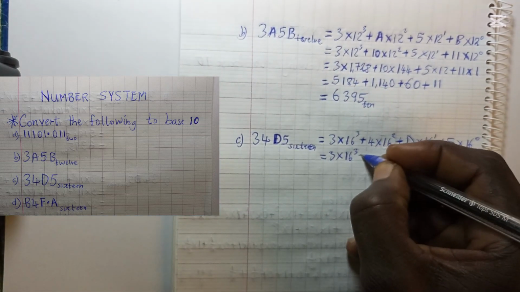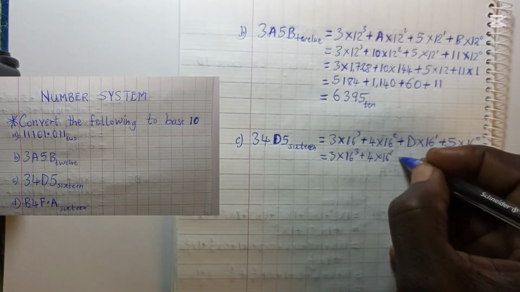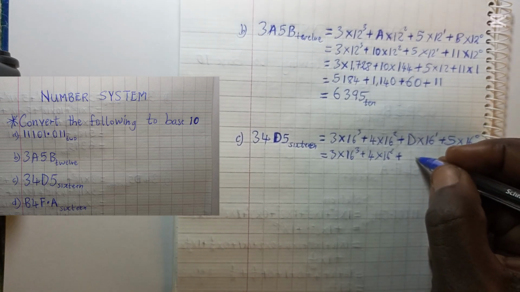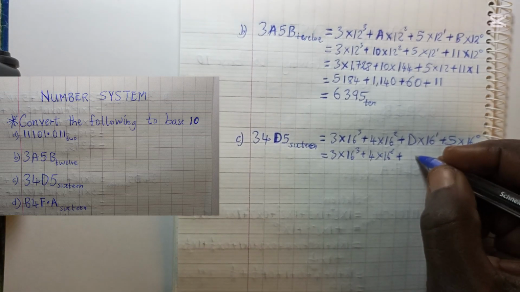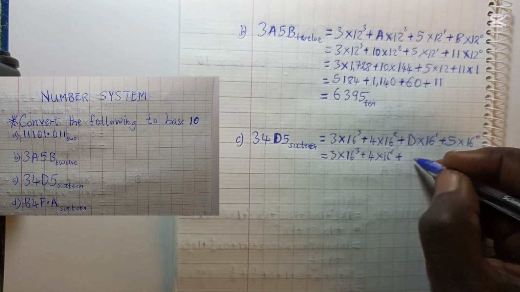16 raised to power 3 plus 4 times 16 raised to power 2 plus what is D? D is equivalent to 13.